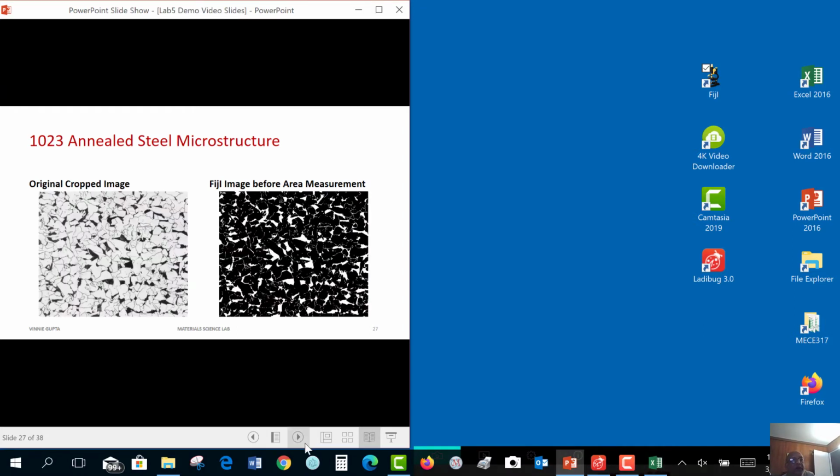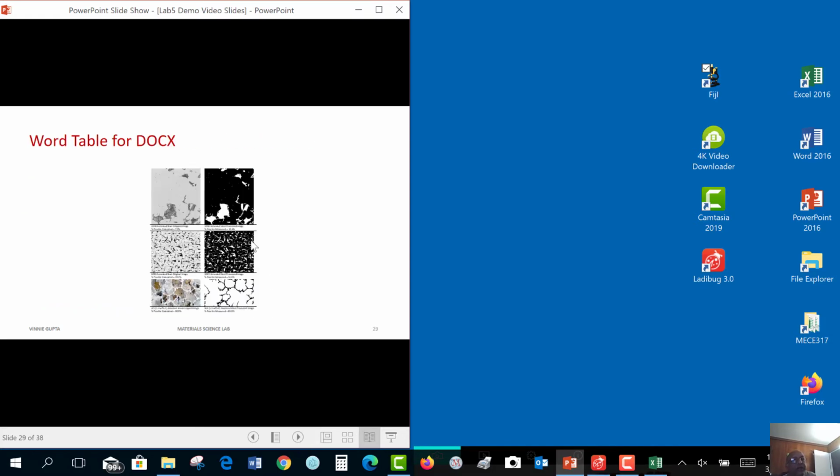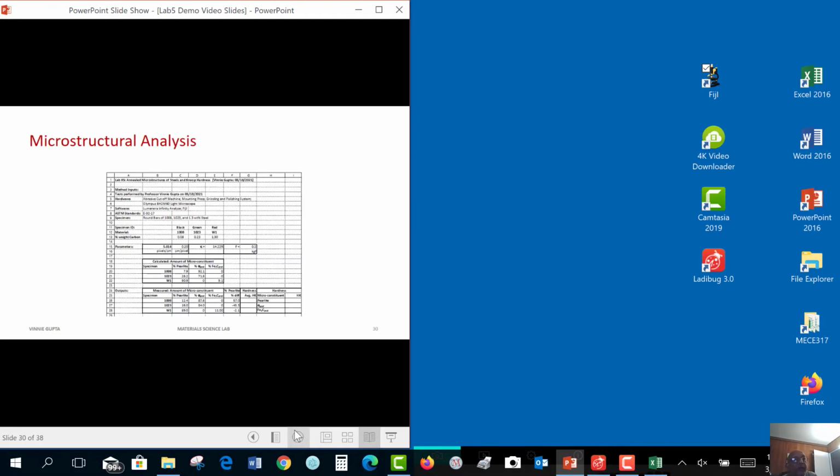You saw we processed all of these 3 images and we got a Word table, and we did this microstructural analysis. We are going to see how much our percent difference is.